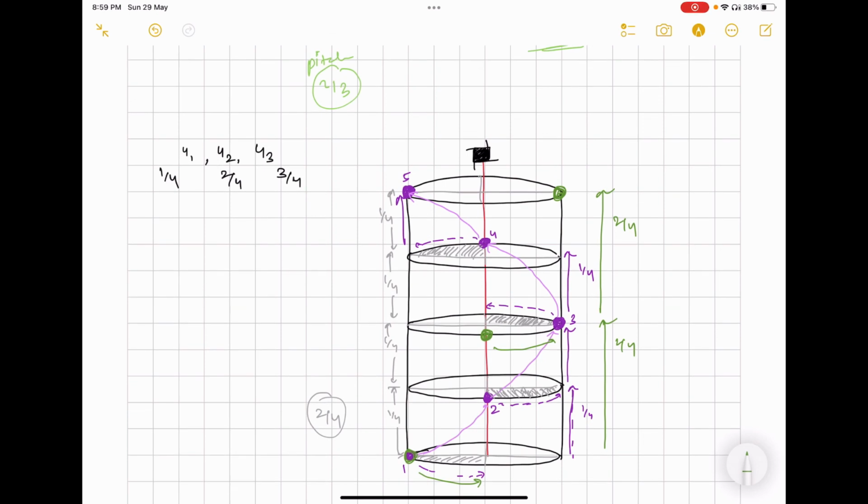Now this would rotate by 90 and then translate by 2 by 4. So it would be 2 by 4 plus 2 by 4 plus 2 by 4, which is 6 by 4. So it is greater than the unit cell. So it will be 6 by 4 minus 1, which is 2 by 4 again. So this point, which is here, will drop to 2 by 4. So it will be here.